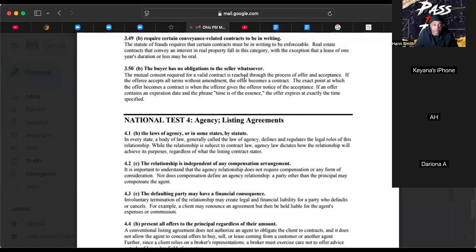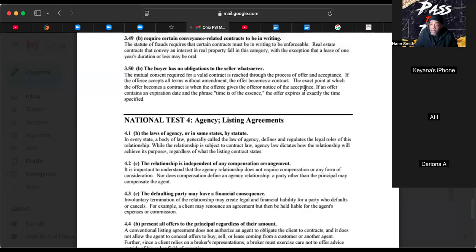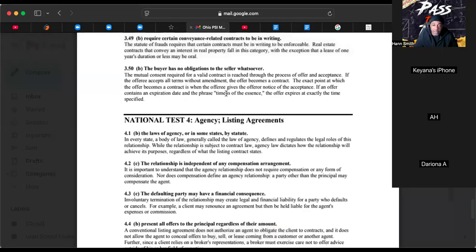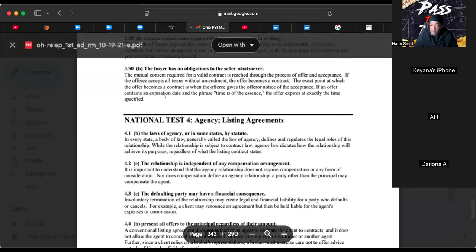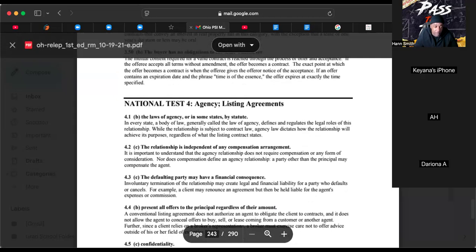If the offeree accepts all terms without an amendment, the offer becomes a contract. The exact point at which the offer becomes a contract is when the offeree gives the offeror notice of acceptance. All you got to do is give it notice of acceptance. If an offer contains an expiration date or the phrase time is of the essence, the offer expires exactly at the time specified.